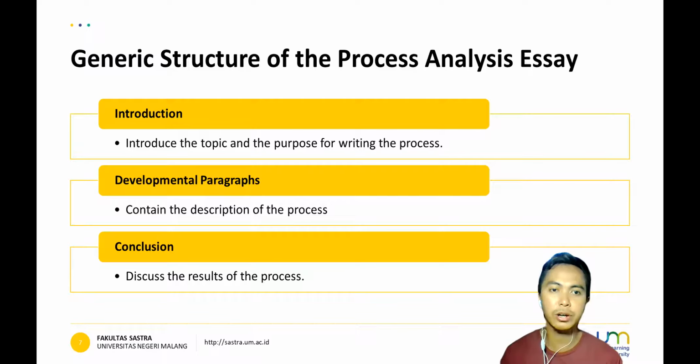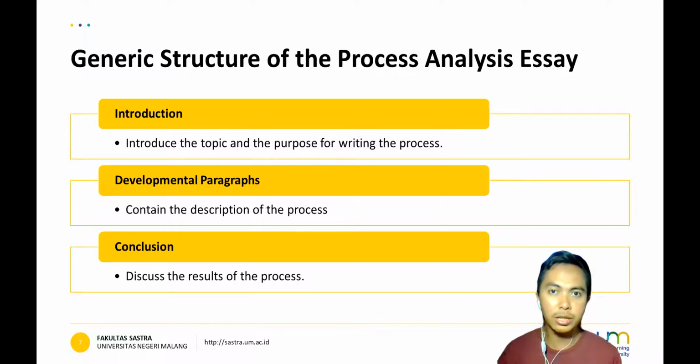The generic structure of the process analysis essay consists of a similar structure: introduction, the body or developmental paragraphs, and the concluding paragraph. The introduction will introduce the topic and the purpose for writing the process.